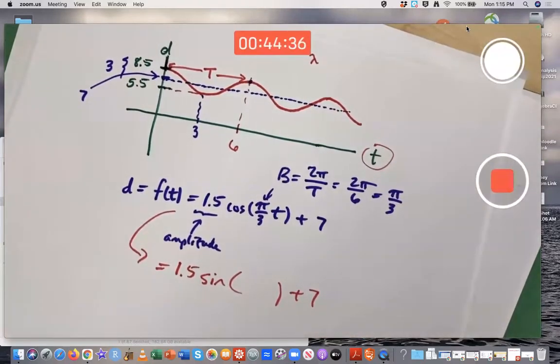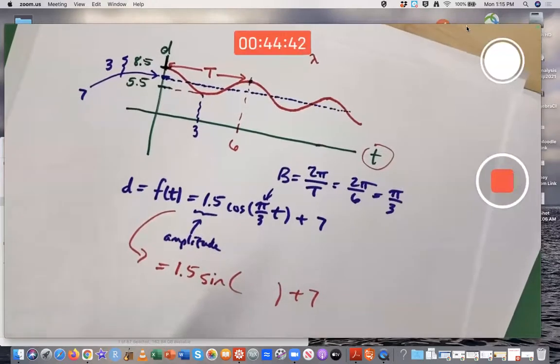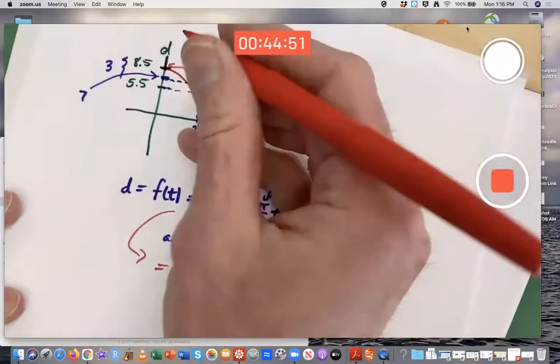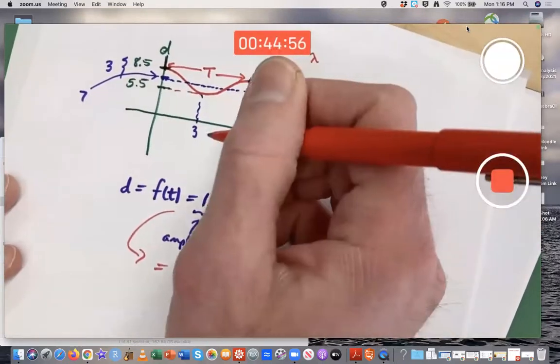And if I were going to use a sine here, I want to remember, first of all, that the sine of 0 is 0. At time 0, when the input is 0, the sine is at its average value. I want at time 0 for this graph to be at its peak, at its high point.